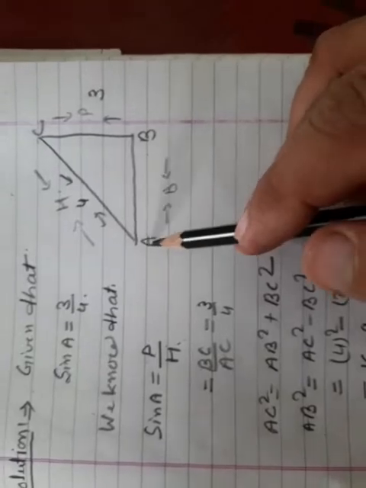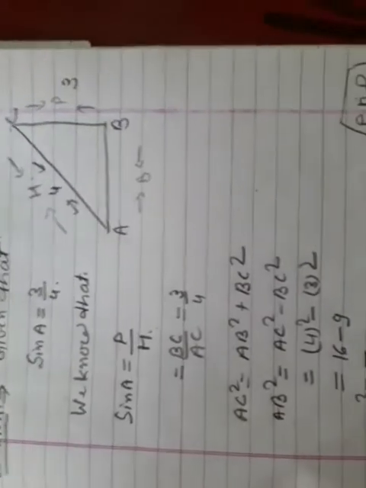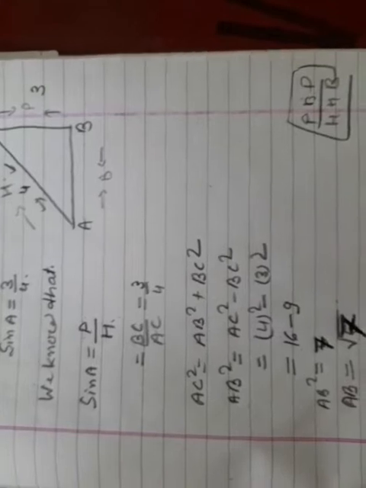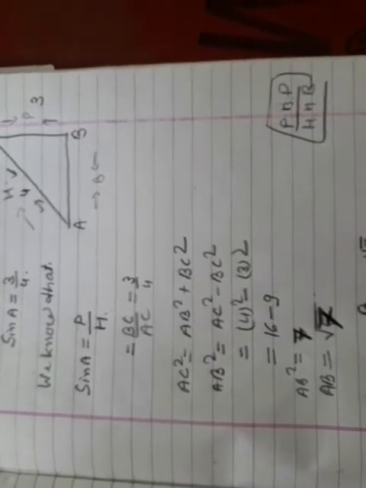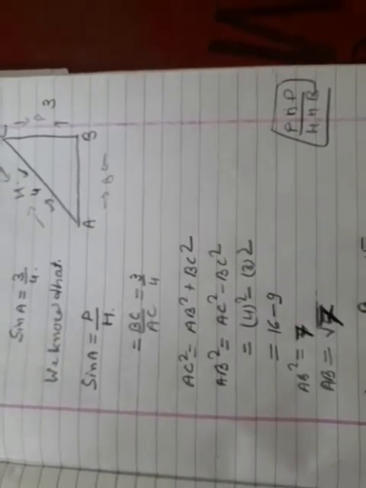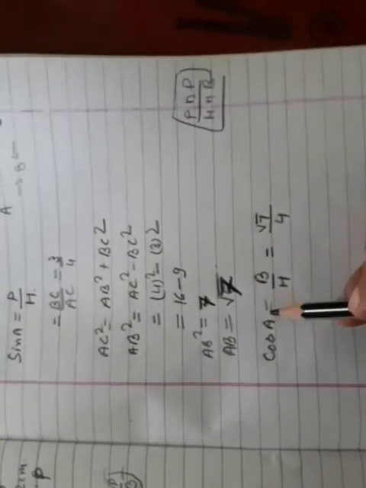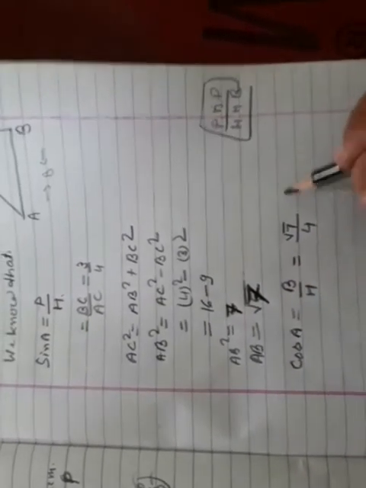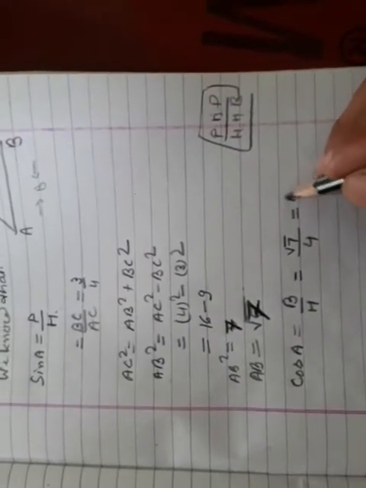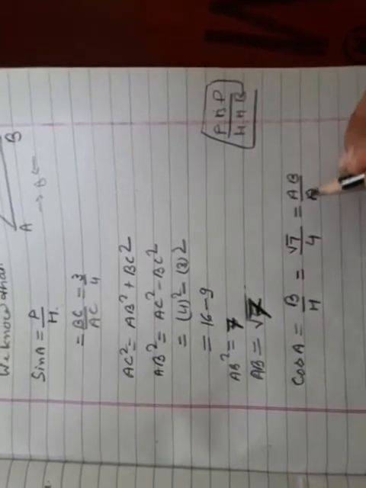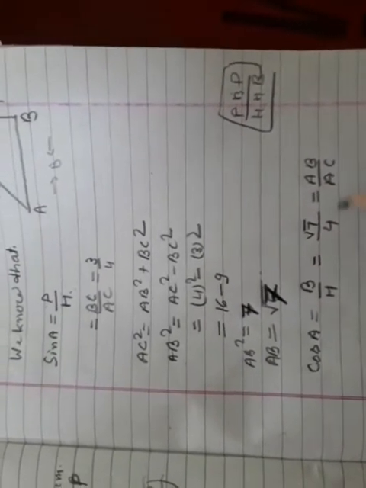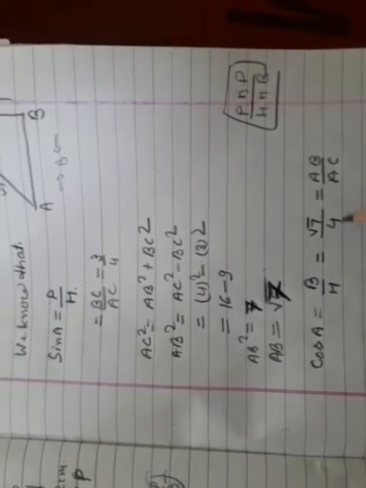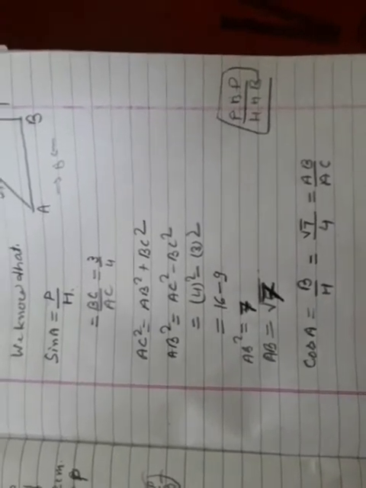And base is AB and hypotenuse is AC. So base is given here root 7 and hypotenuse is given that 4. Both are given. AB we found already root 7 and AC is given 4.